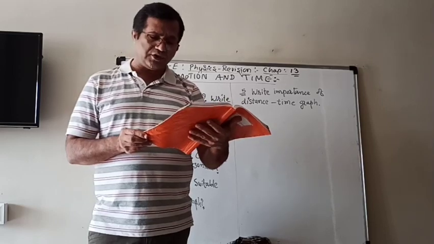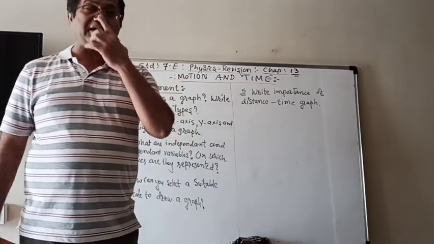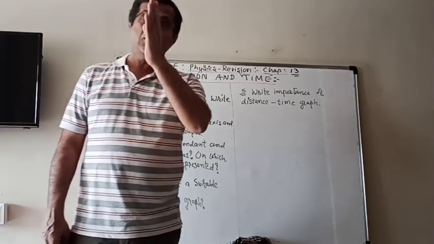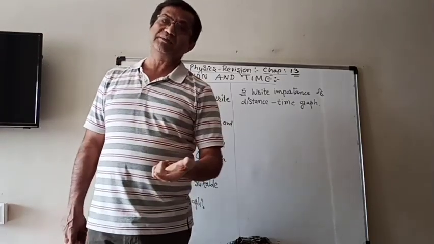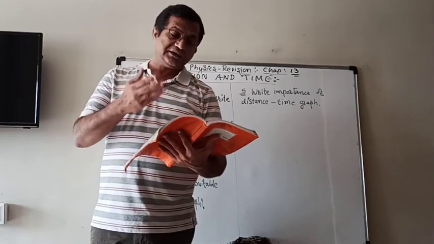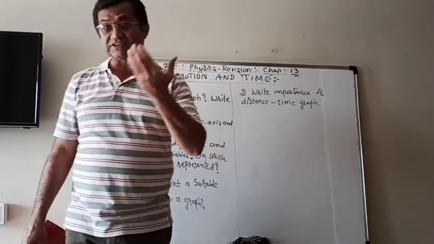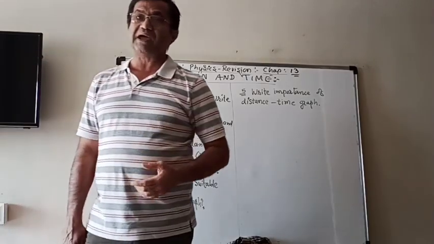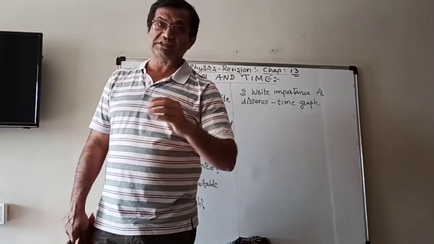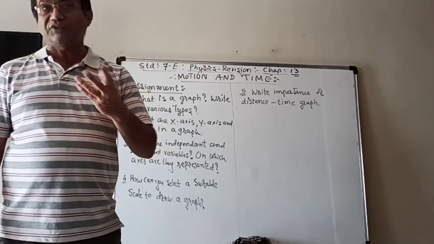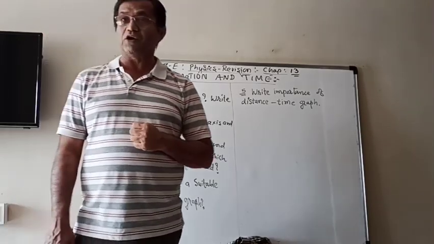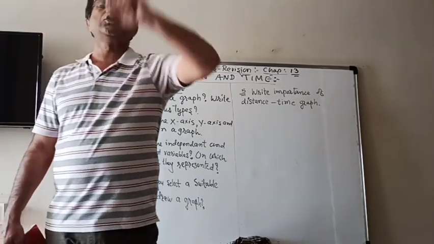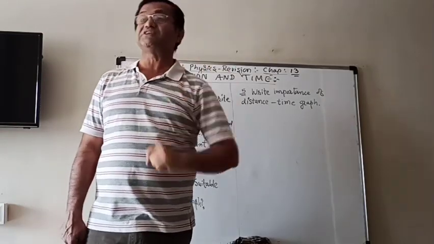Similarly, if you want to find out the distance covered at a particular time, then by calculation on the graph you can easily find out the distance covered in that particular time. Similarly, at a particular time, at which place the vehicle is, you can also find out: from the time you go to the graph and then go to the y-axis, and it will show you the distance covered.